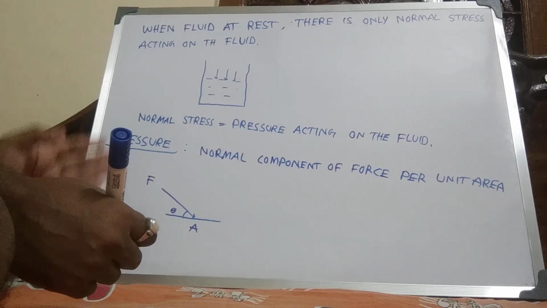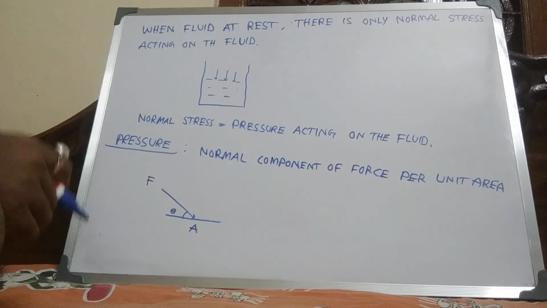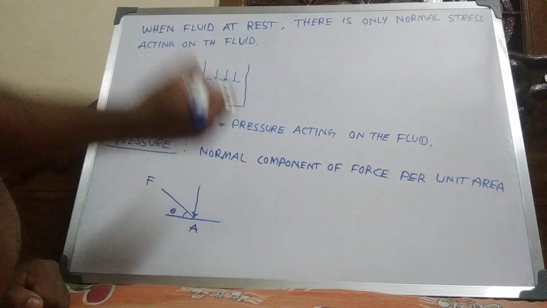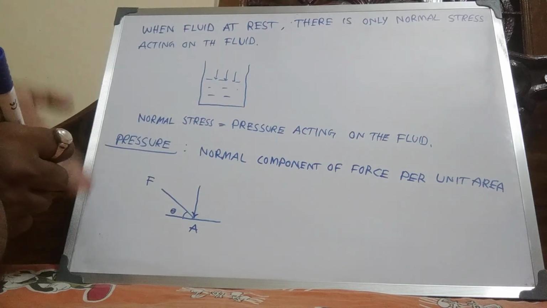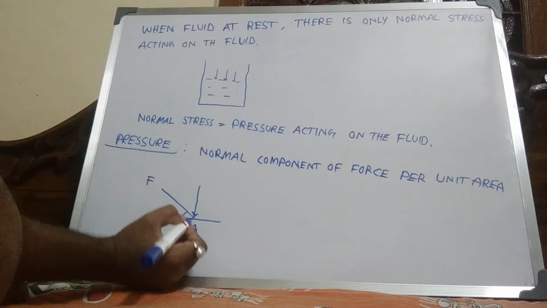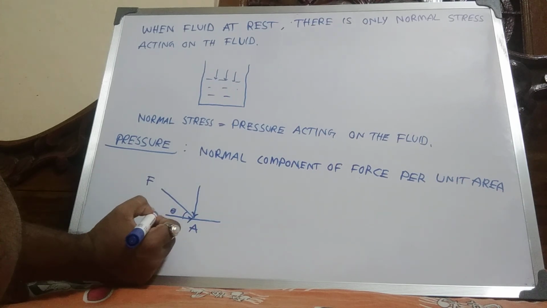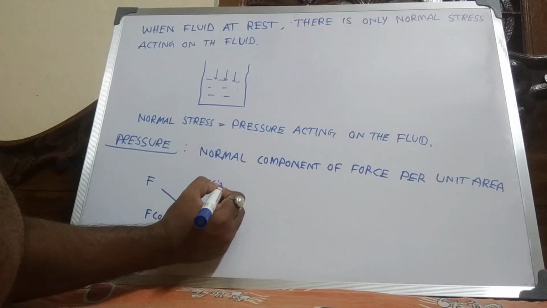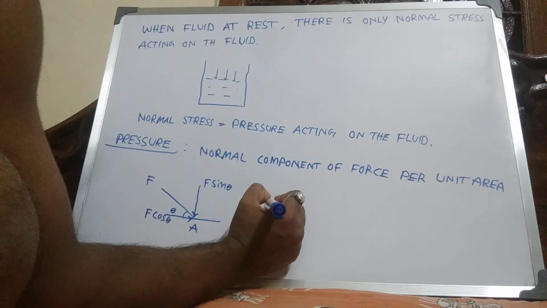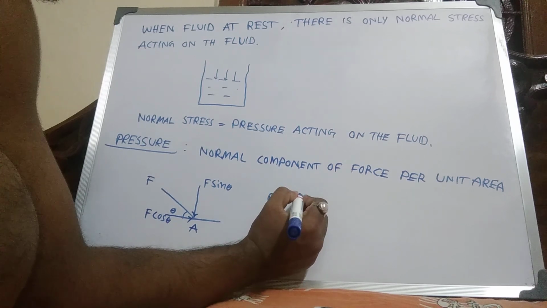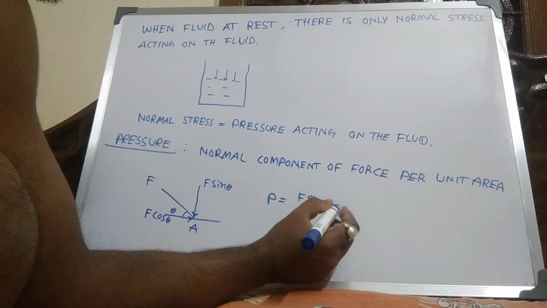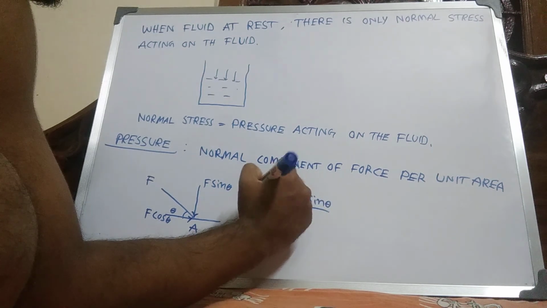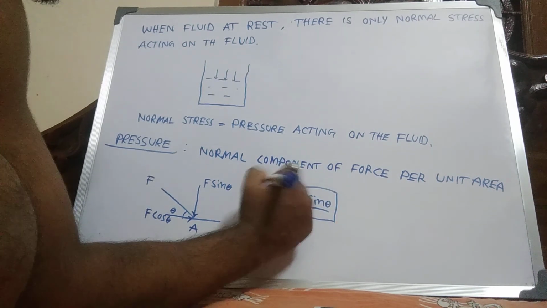You cannot say force by area at this position. Now resolve F into vertical and horizontal components: F cos theta and F sin theta. Now you can say pressure equals the normal component of force by area. This one is correct, not F by area.